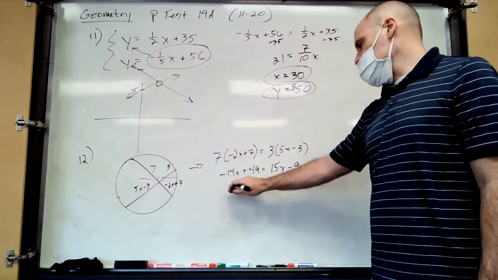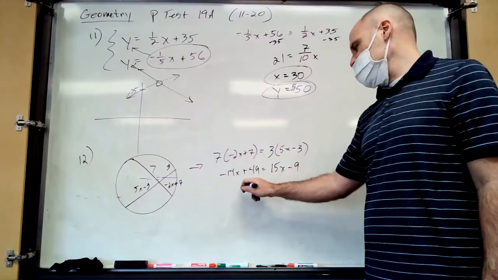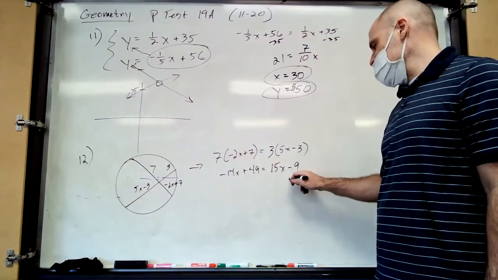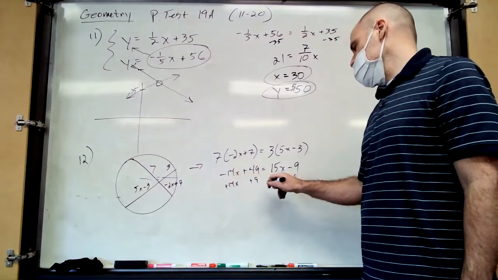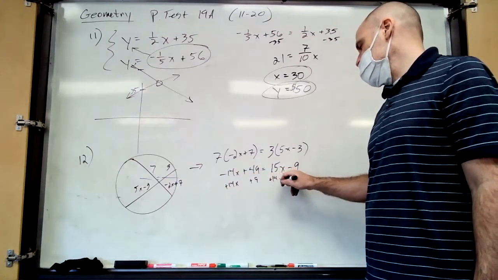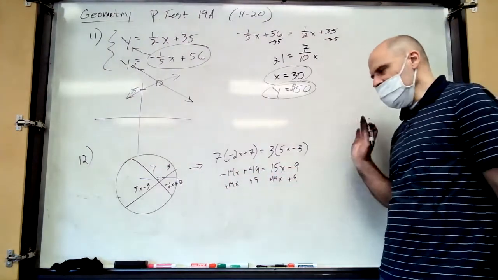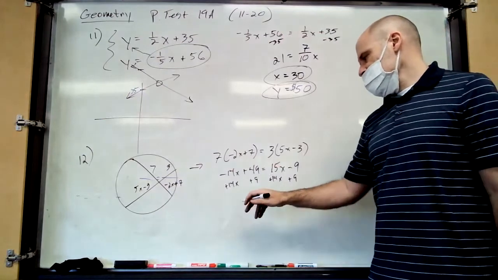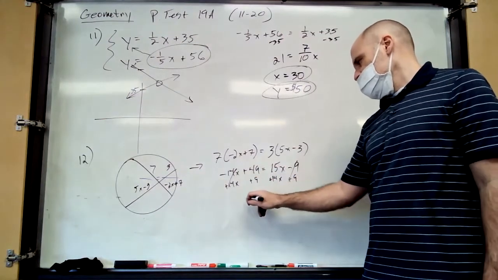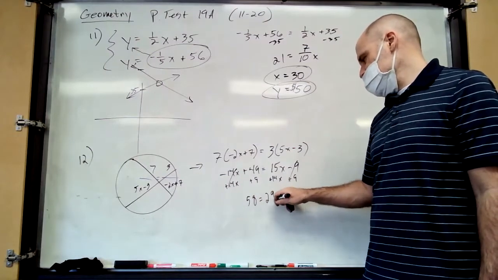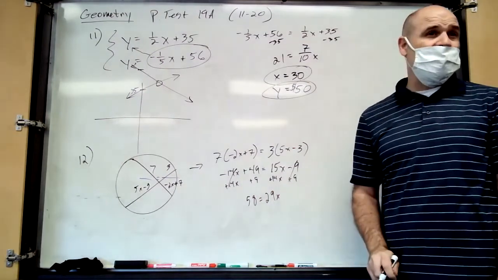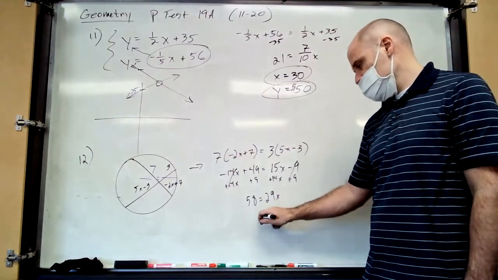So add 14x to both sides, and I'm going to add the 9 to both sides. So I'm going to get the x's over on the right, so they stay positive. Get the constants on the left. Okay, so you get 58 equals 29x. So divide by 29 and x equals 2.